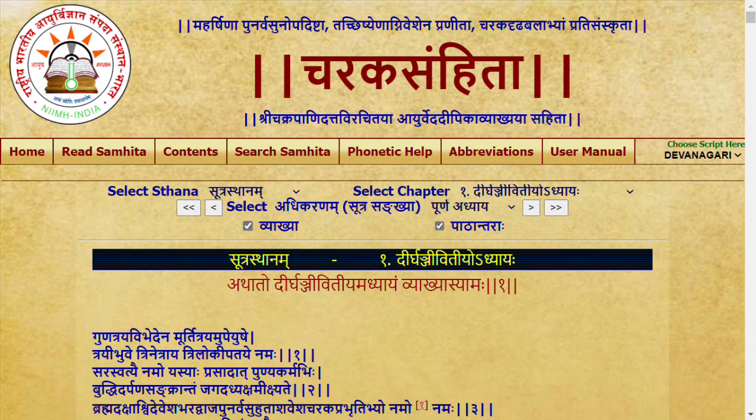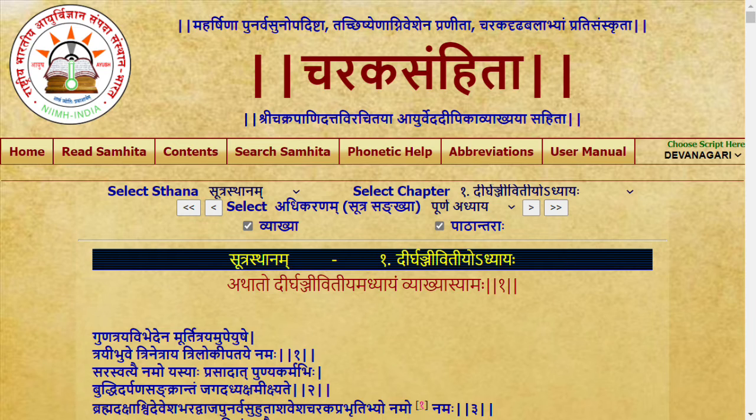Moving on to the first chapter. The name of the first chapter is Dirghanjivitiya Adhyaya. Going to the first shloka, I quote shloka number 1. Athato Dirghanjivitiya Madhyayam Vyakhyasamaha Itiha Smaha Bhagavan Atreyah.